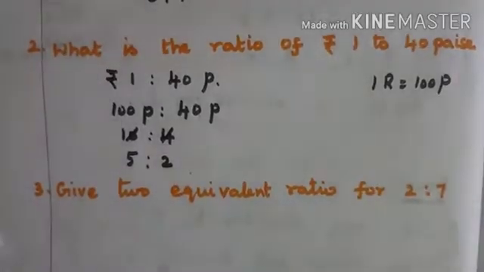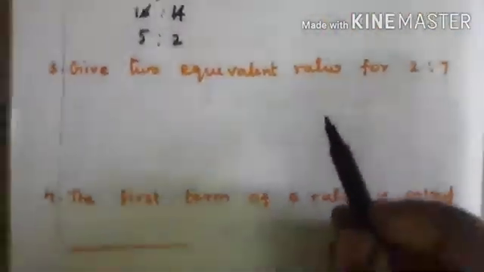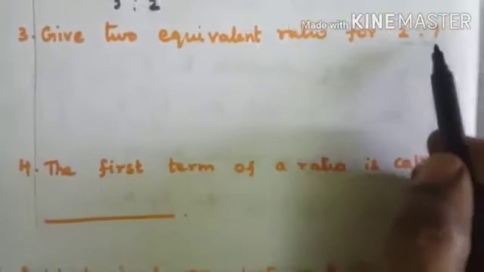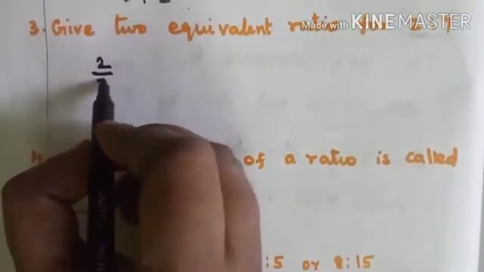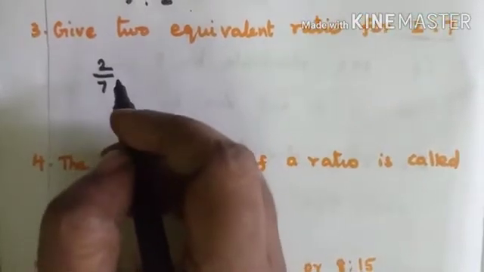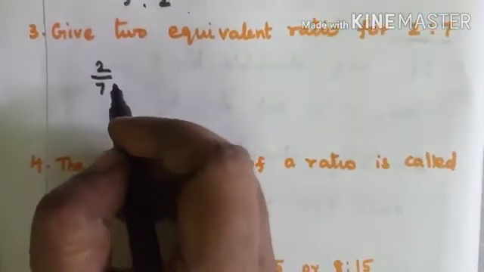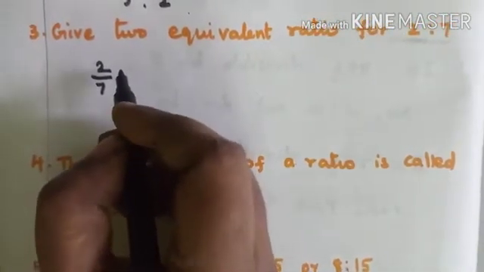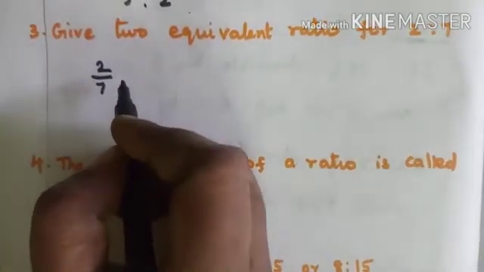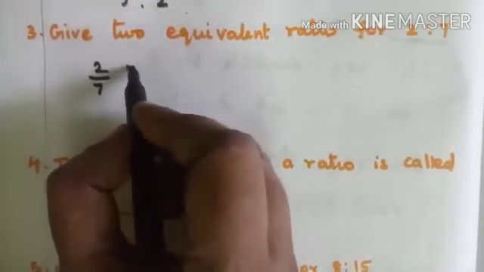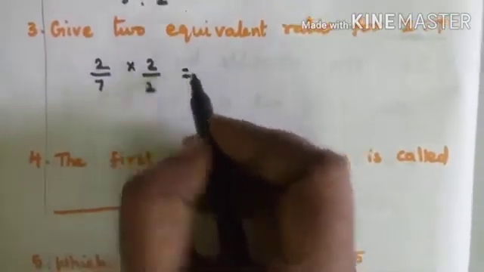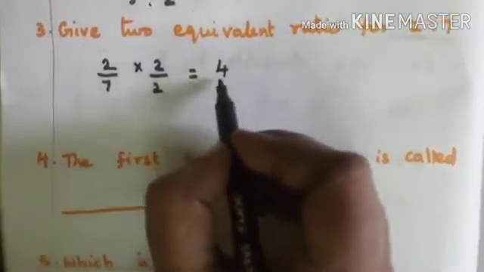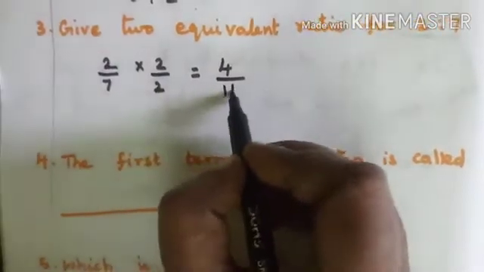The next question is give 2 equivalent ratios for 2 is to 7. Therefore, you see 2 by 7. We can multiply with any table, but we have to multiply both the numerator and denominator with the same number. Here we multiply with 2. 2 2s are 4 and 7 2s are 14.